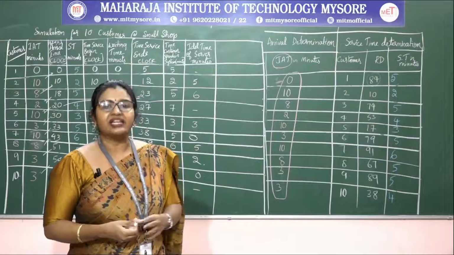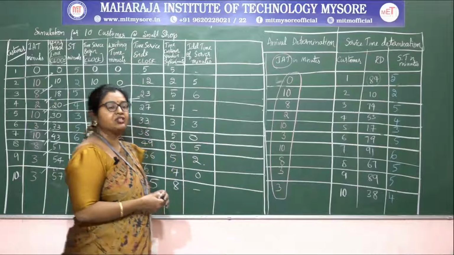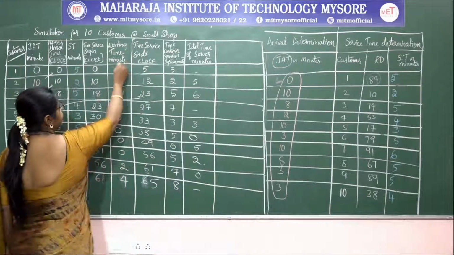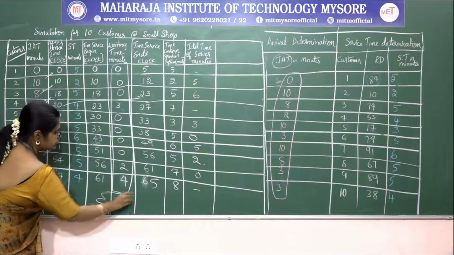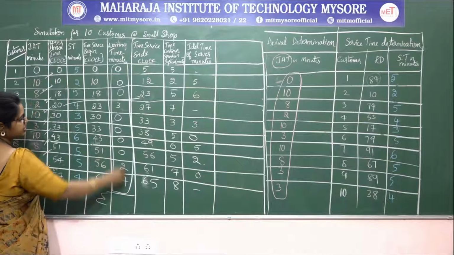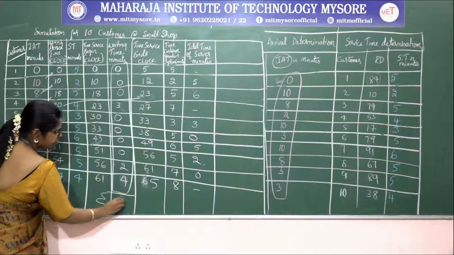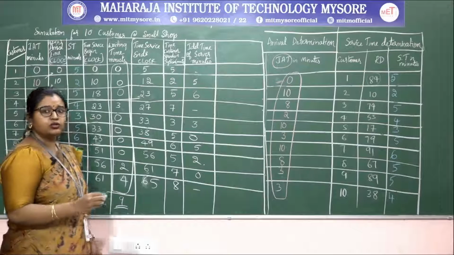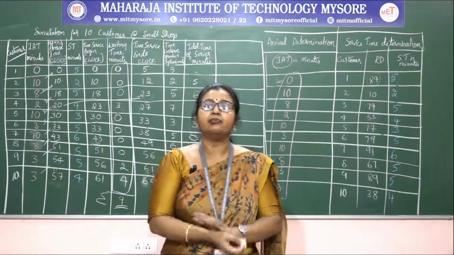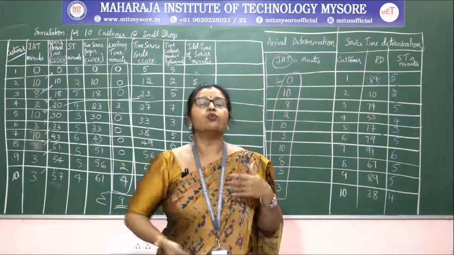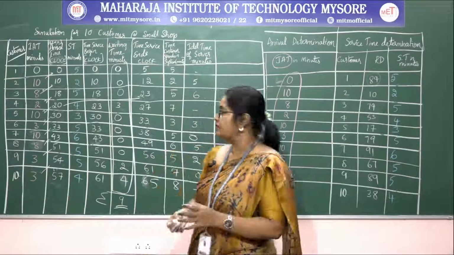Say, for example, the average waiting time. The waiting time is here, so take the sum of this column: 6 plus 3 is 9. So 9 minutes in total is the waiting time across the 10 customers.